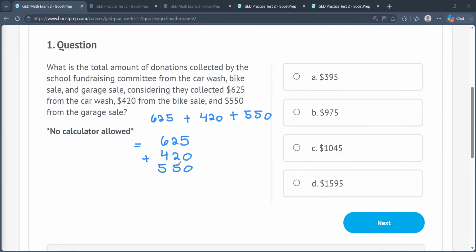And you can definitely do this without a calculator. So 5 plus 0 is 5. 2 plus 2 plus 5, that's 5, 6, 7, 9. You don't carry, so 6 plus 4 plus 5 is 15. Yep, it is that simple. So it is letter D, 1595.